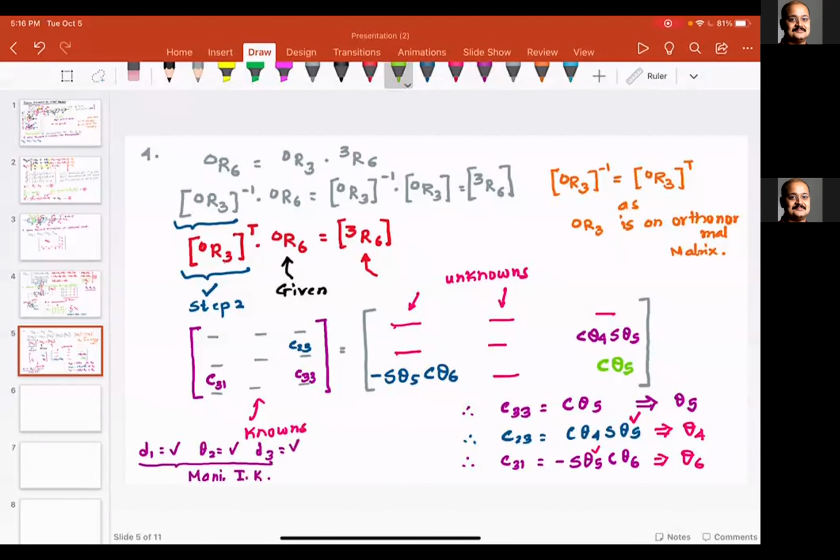And then we found out theta 4, theta 5, and theta 6 from the wrist inverse kinematics. Everyone understood this?